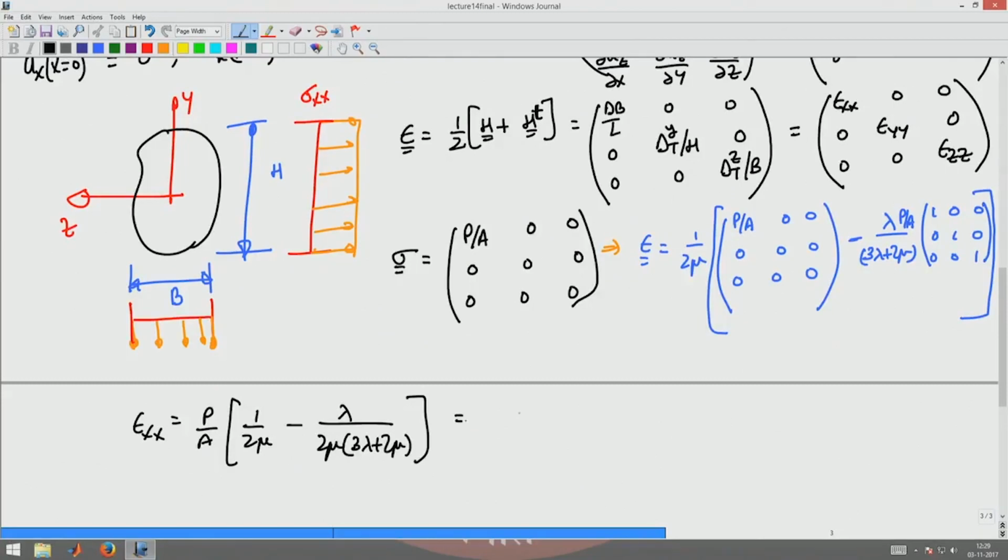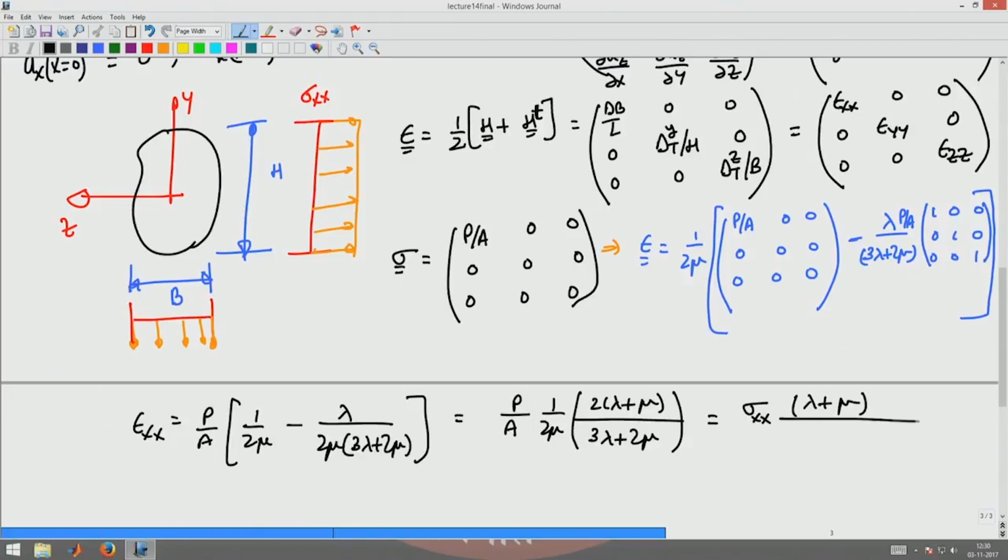So, this on simplification will give me P by A into 1 by 2 mu into 2 times (lambda plus mu) divided by (3 lambda plus 2 mu), which simplifies to, let me call it as sigma xx stress into (lambda plus mu) divided by mu times (3 lambda plus 2 mu).